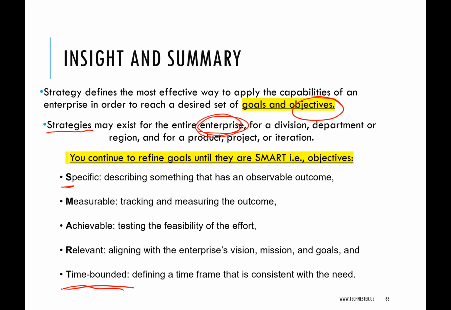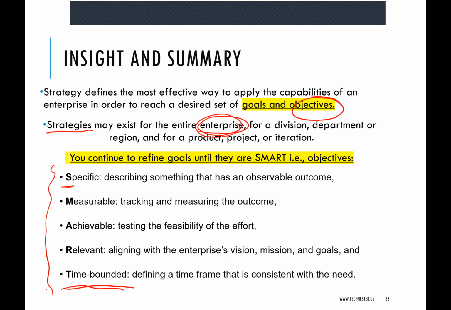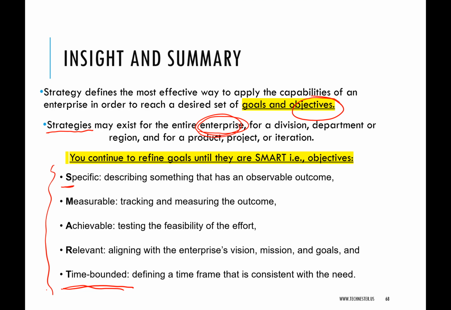Inside that business need, you have the problem and you have the goal. There's still a little work you will do, which is clarifying the goal, making it smarter by using this acronym, making it specific, measurable, achievable, relevant, and time-bounded. When you have that, then you can move to the next stage of strategy analysis.